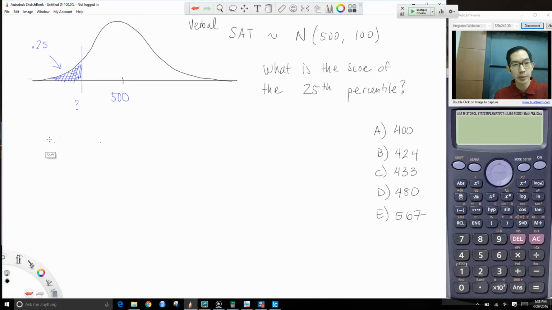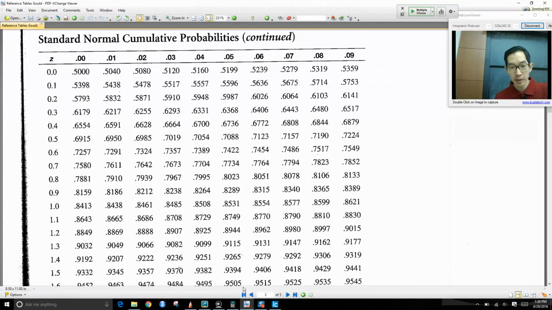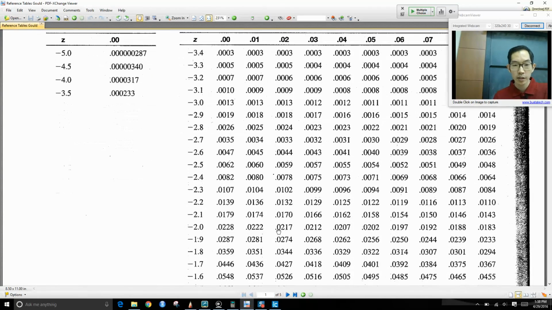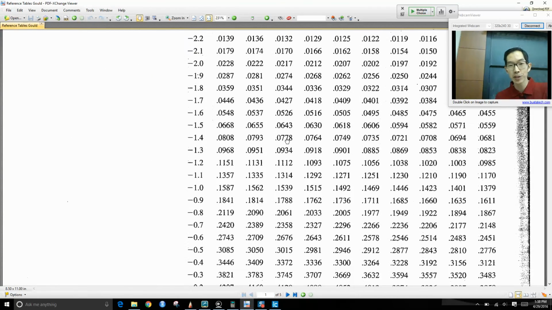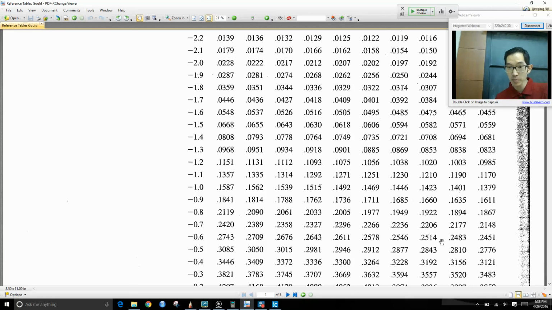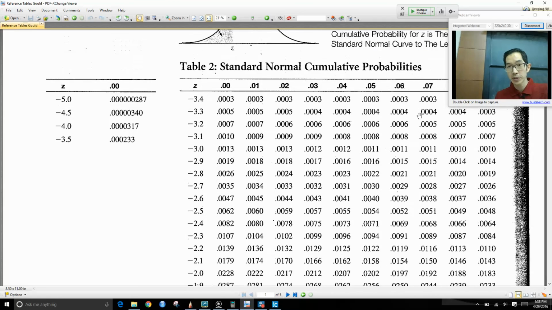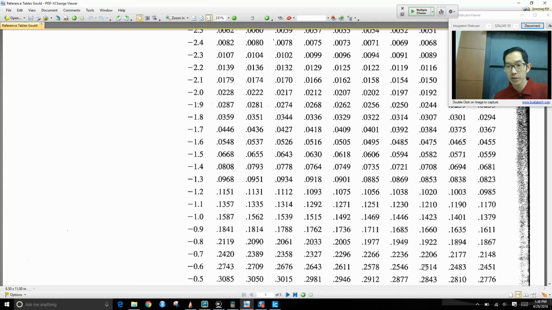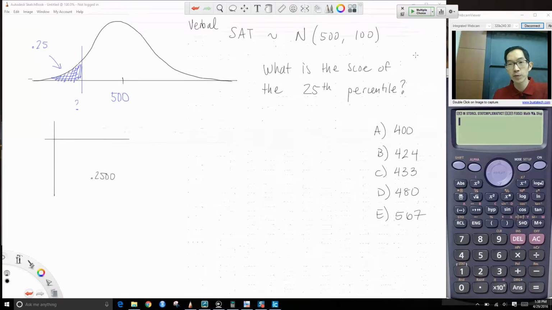So we go to our table, and we're going to look for the area that's closest to 0.2500. As we look, we see 0.2514 and 0.2483. Between these two values, I'd say this one is closer, and that corresponds to the row -0.6 and the column 0.07. So the closest value I can find is 0.2514.